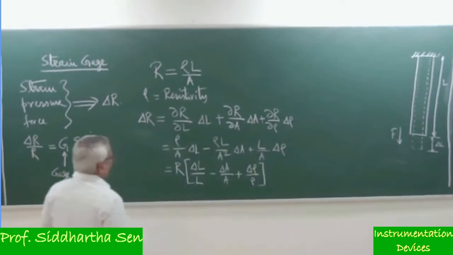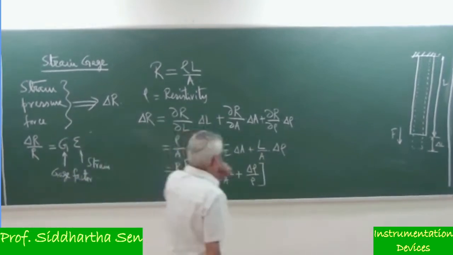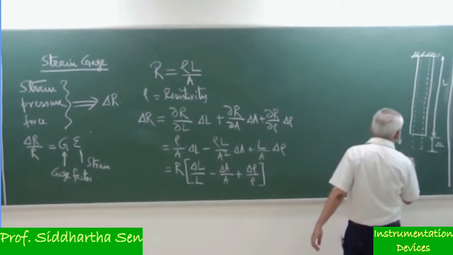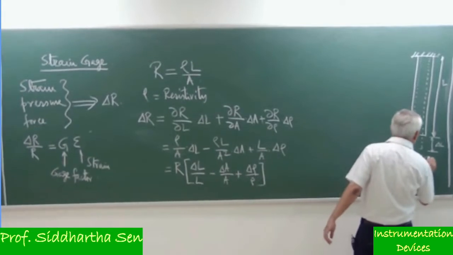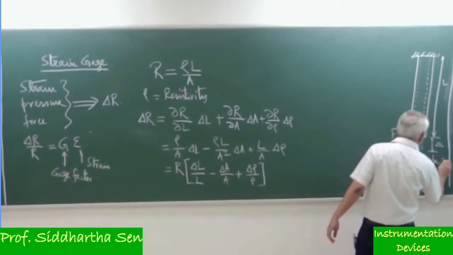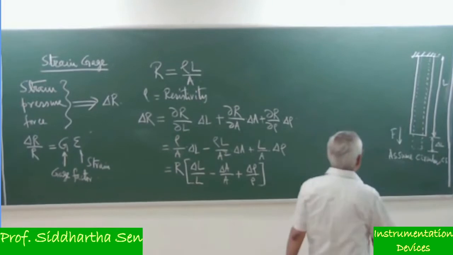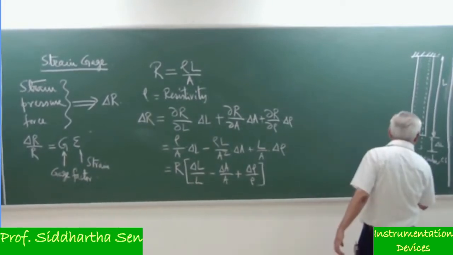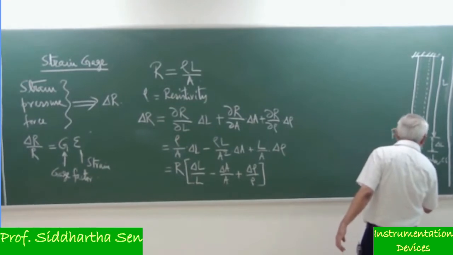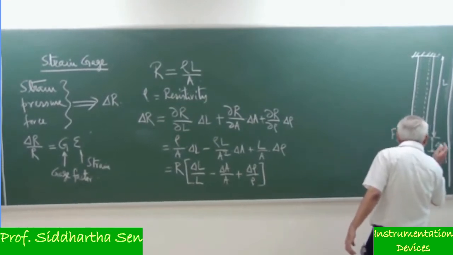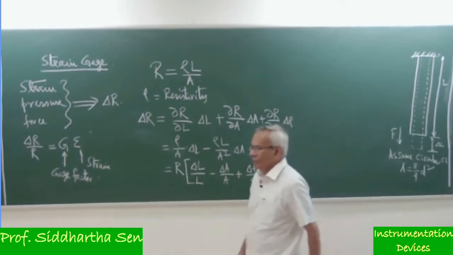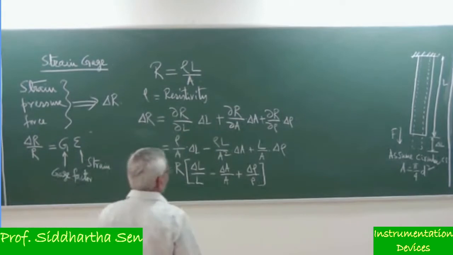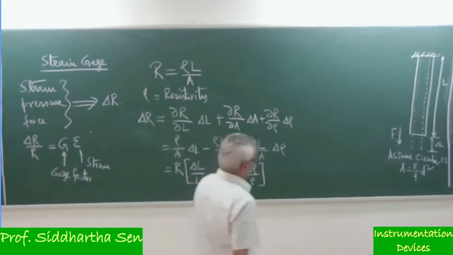Now again, assuming a circular cross section, we know that A is equal to pi by 4 into d square, where d is the diameter of the wire.